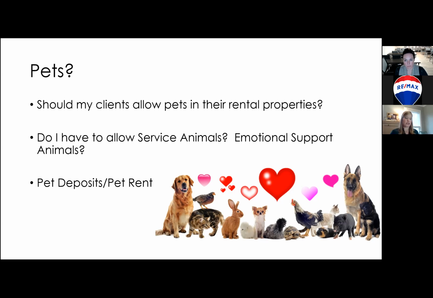Basically, it says who the pet is and what kind of pet it is, so that only that pet is allowed on the property, and it spells out what the requirements are. When the tenants move out, does a flea and tick treatment need to be done? Do the carpets need to be professionally cleaned? Will part of their deposit be refunded? It outlines all of that.